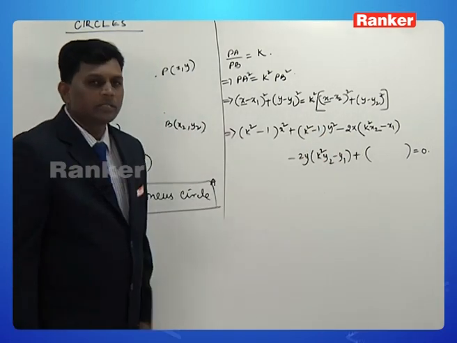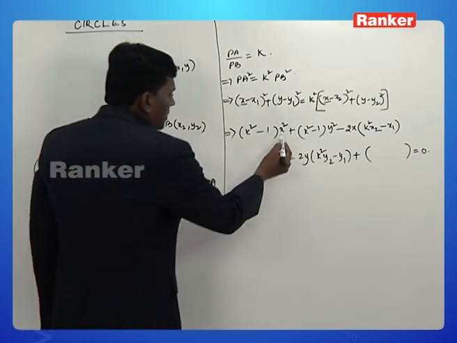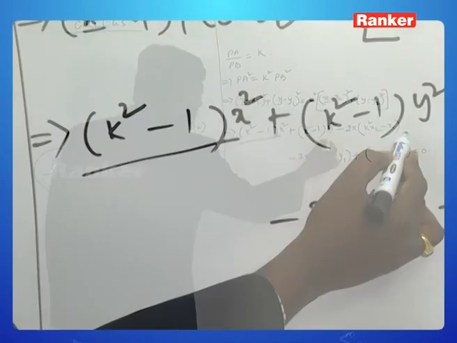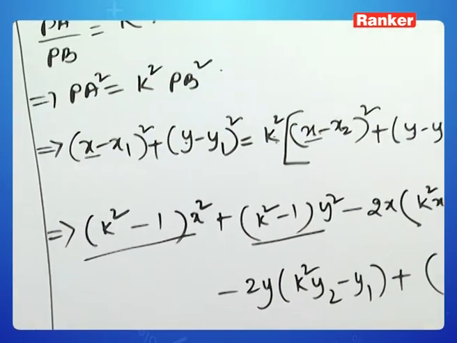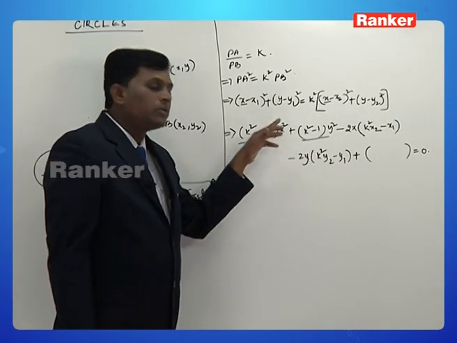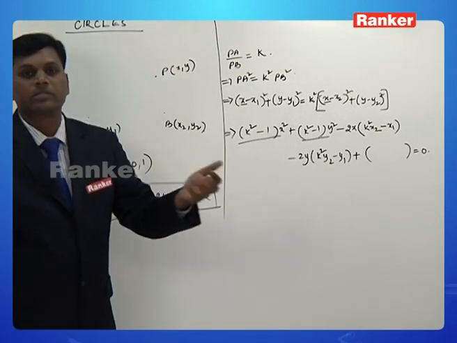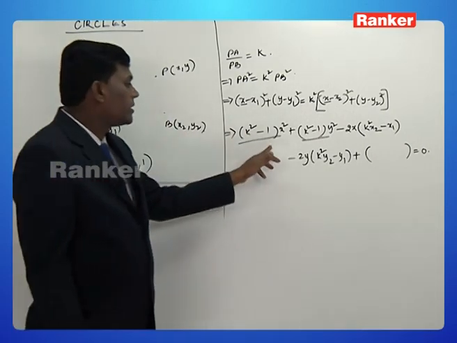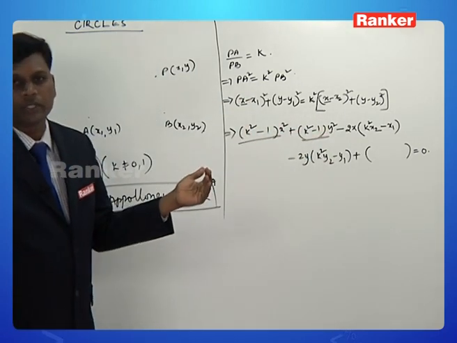We need not bother about these constant terms. We write all constant terms together. Once observe this equation of this locus we are getting. Are x square coefficient and y square coefficient both equal or not? And the xy term disappears in this. Therefore, according to the previous case which we have discussed just now, x square and y square coefficients are equal and the xy coefficient is 0.